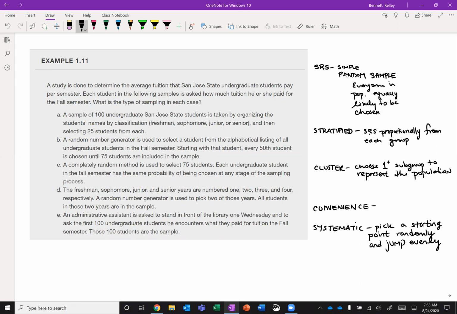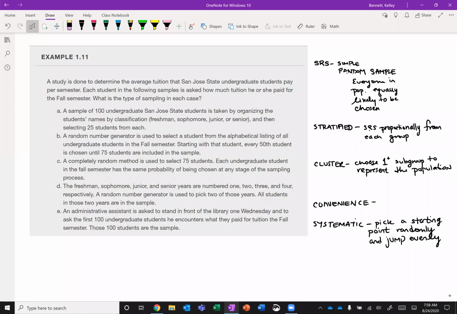So we're breaking them into groups. So A in this case would be stratified.